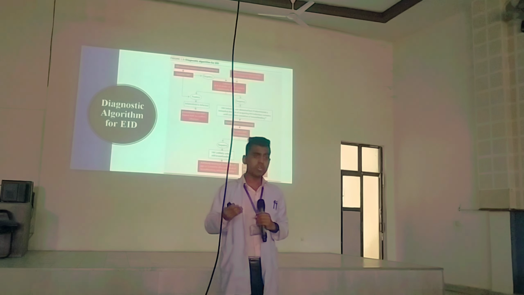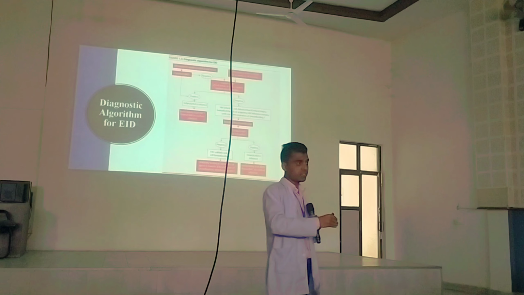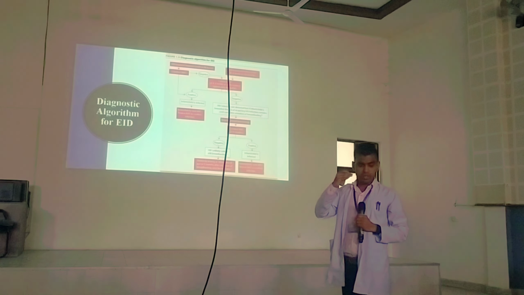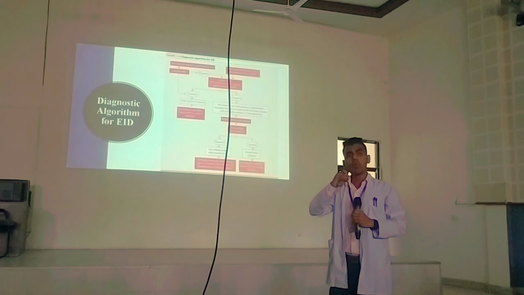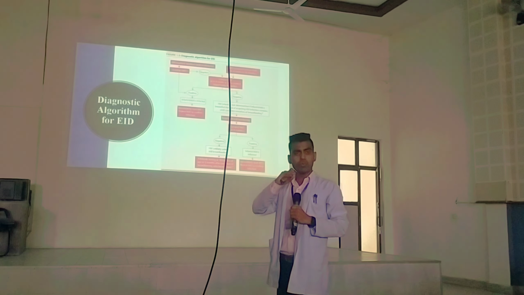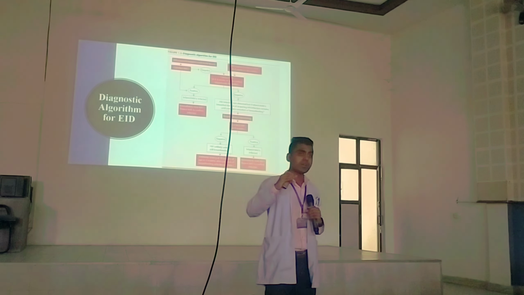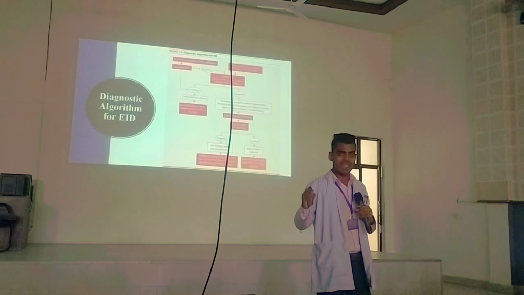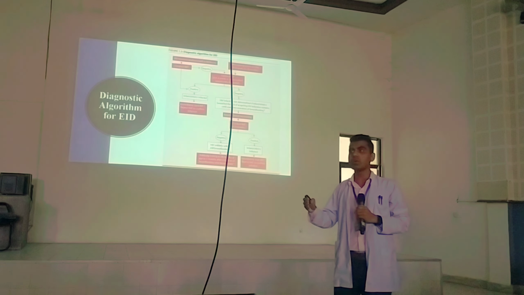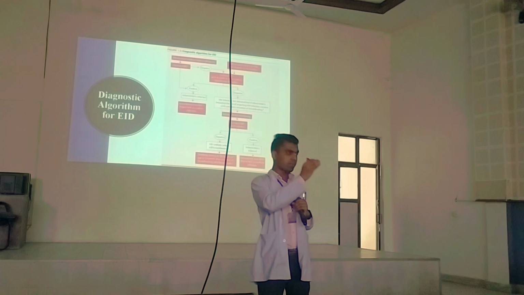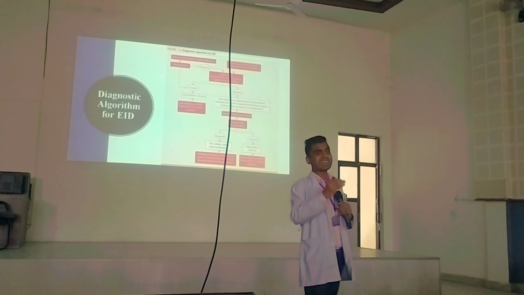If the test is negative, the guideline says we can repeat the test at 4 to 6 weeks of age. If it comes positive, we start ART and do a second test to confirm. If it comes negative, we repeat the test at 9 months of age.